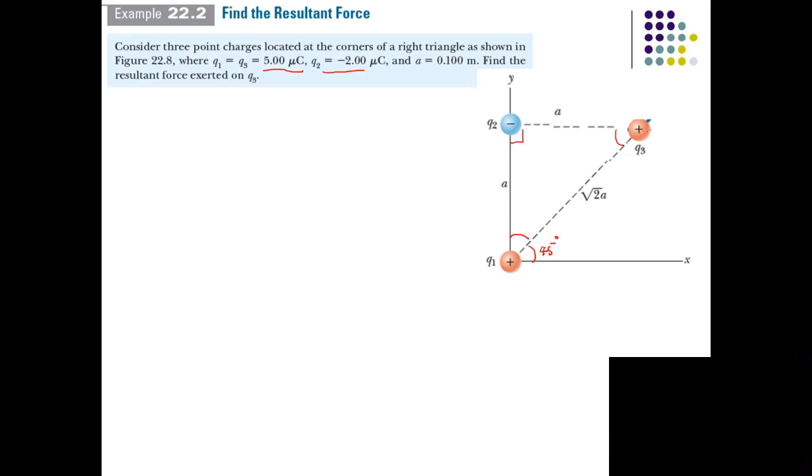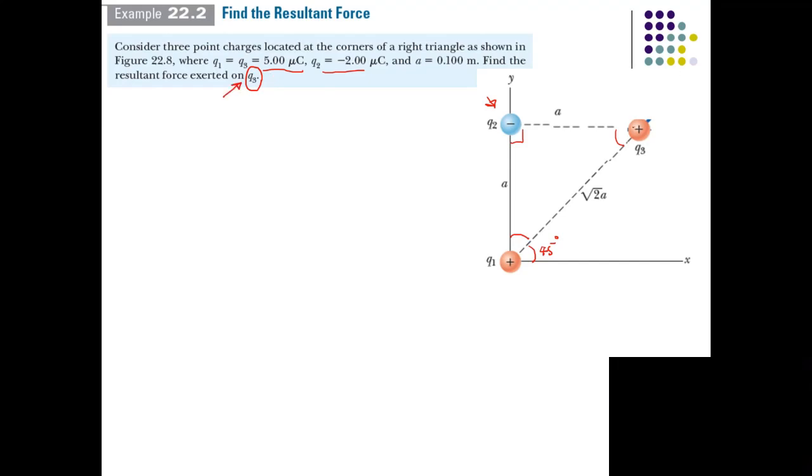The way I do that, I simply assume that I am Q3, because the question talks about Q3, and I'm a positive charge. So what's going to happen to me because of Q2? Let's focus on Q2. It looks like Q2 is negative, so Q2 tries to pull me toward it.